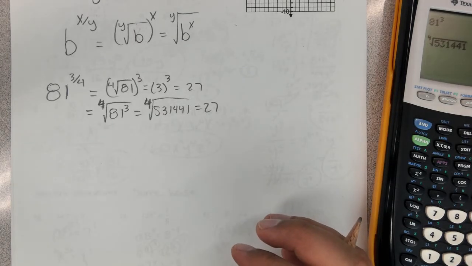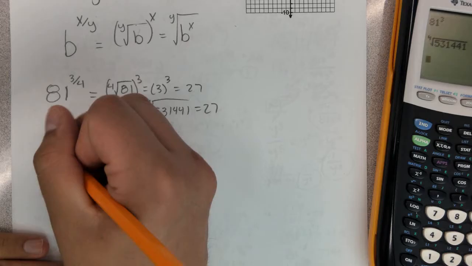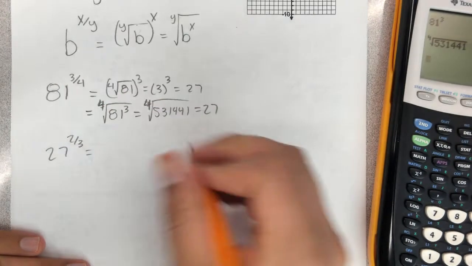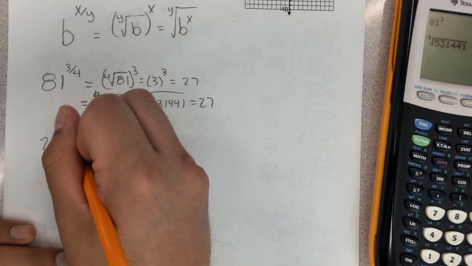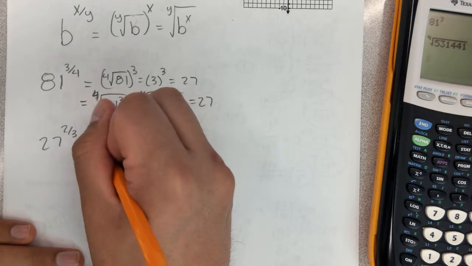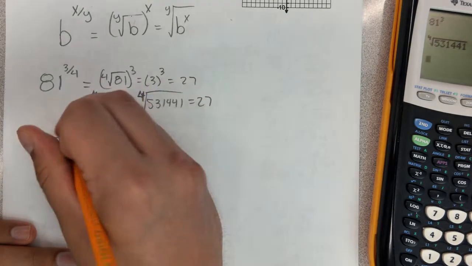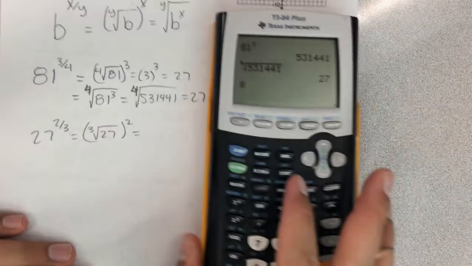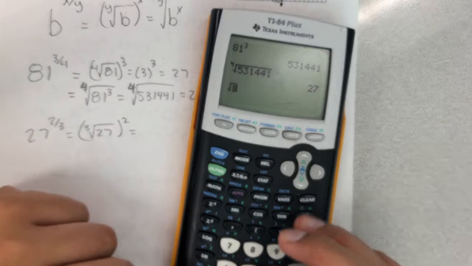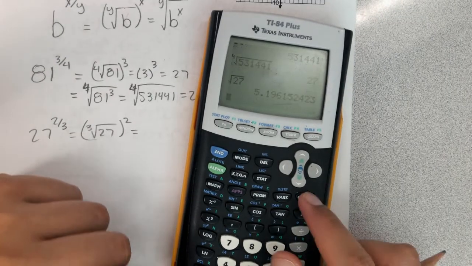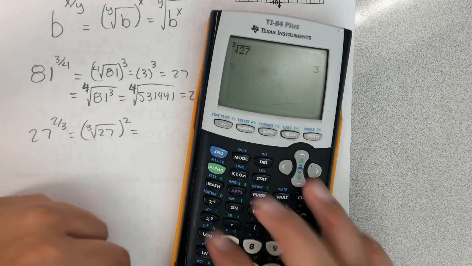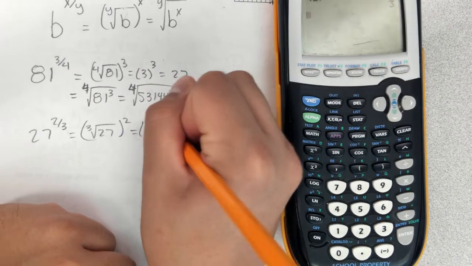Alright, so let's do one more. Let's do 27 to the 2/3. So the 3 on the bottom is telling me to cube root 27. The 2 is telling me to raise it to a power of 2. Alright, so the cube root of 27, we get 3, if I square it, we get 9.